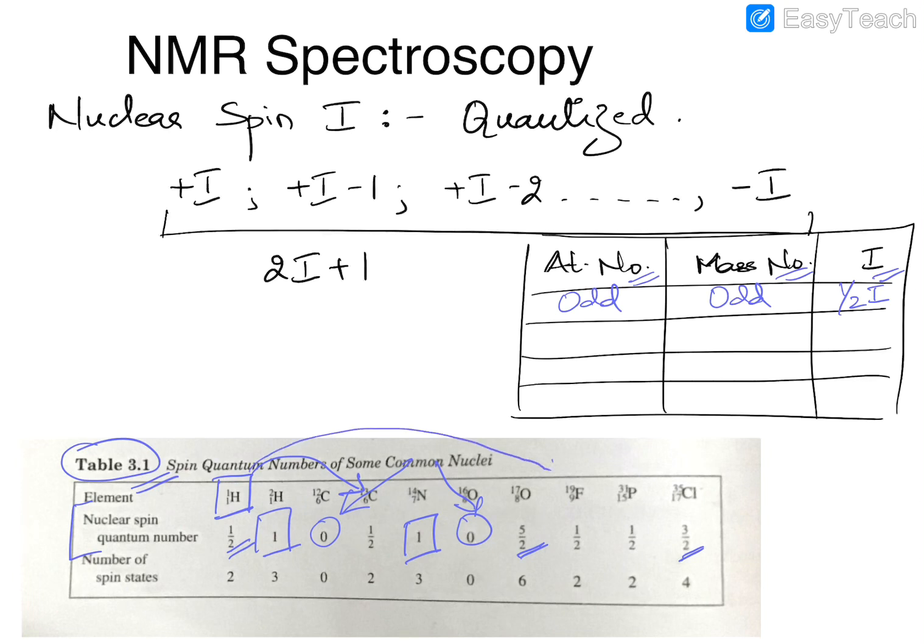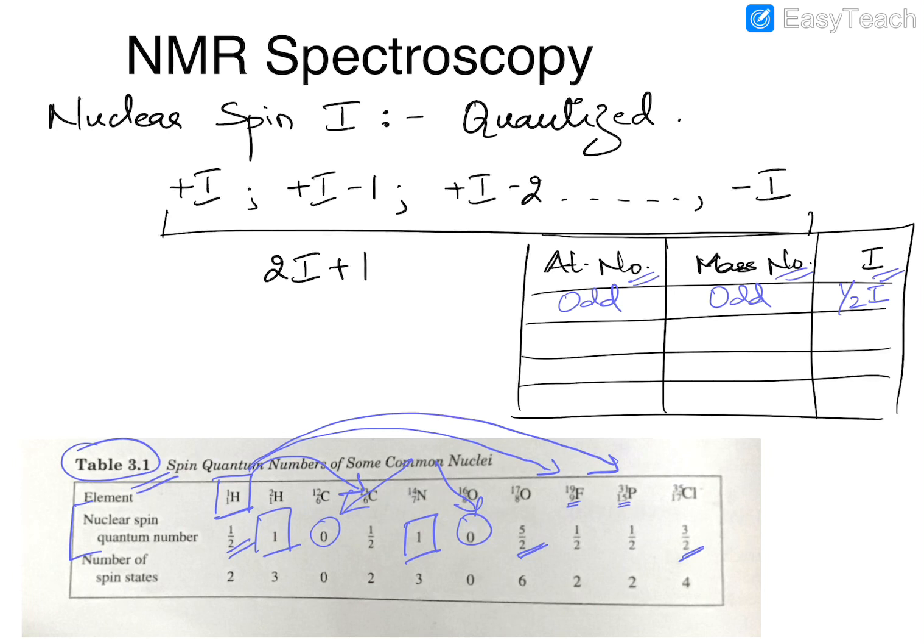We should be comparing it with F19 and with P31 here. Here also you have an odd atomic number and an odd mass number, and likewise for P31 as well, we have an odd atomic number and odd mass number. In each of these cases, the total net nuclear spin quantum number takes up values of half integral.